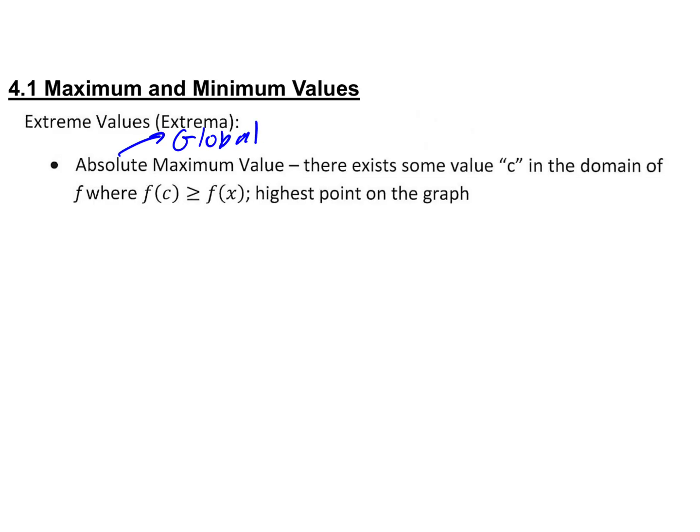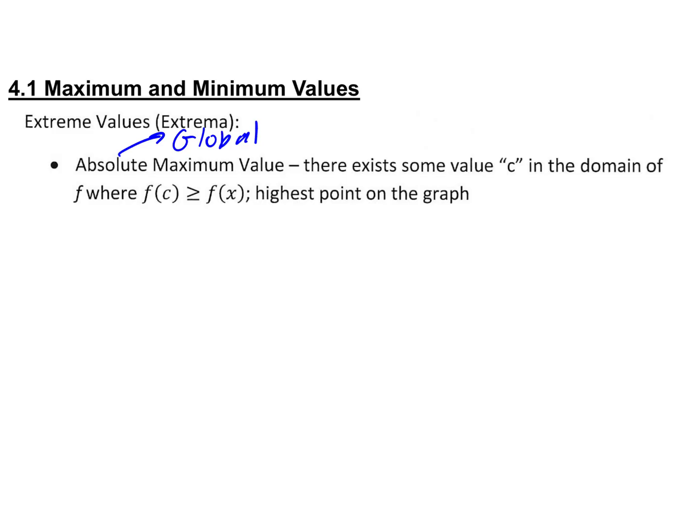So if you see that phrase, global maximum, it's the same thing as absolute maximum. All it is saying is there's some value C, some X value, where it's the highest point on the graph it's going to be. And that Y value that's associated with that particular X value is the actual maximum value.